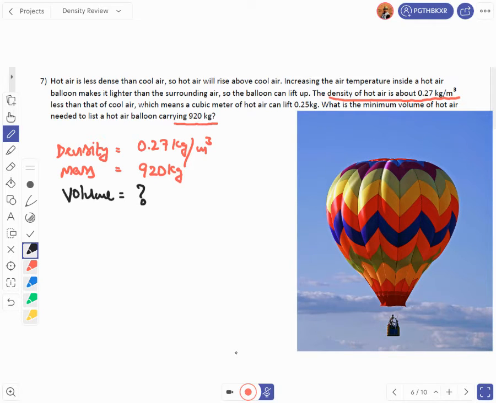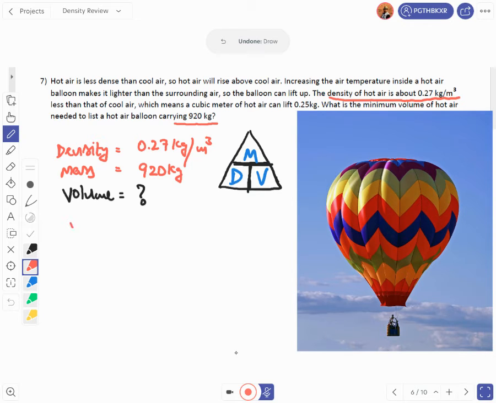Usually they fill it with lighter gases like helium. So, as I mentioned before, you draw the magic triangle. You may write the letter T inside this one, and then write that density equals mass per volume. Then here we are looking to find the volume. So if you hide it, then it is mass per density.